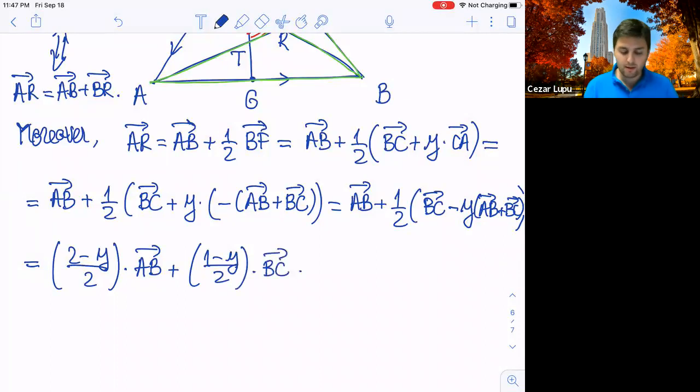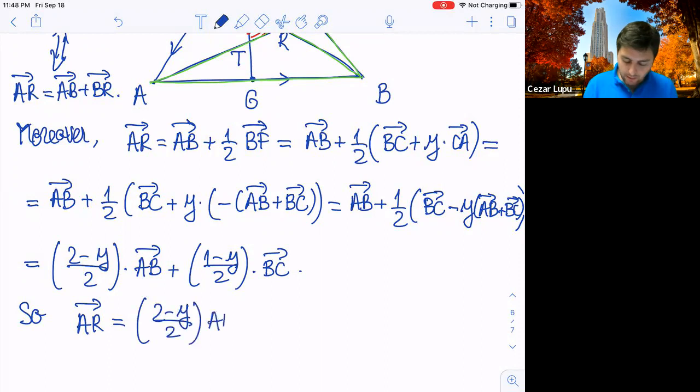All right, finally. Whew. So AR vector, we can write it in this way. So let's write it again. So AR vector is 2 minus Y over 2 times AB vector plus 1 minus Y over 2 times BC vector.